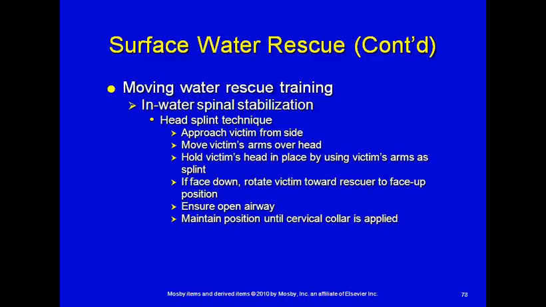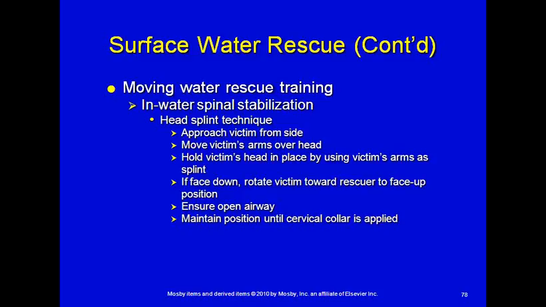As far as splinting or providing spinal stabilization while the patient is in the water, you want to approach the victims from the side, move the victim's arm over their head, hold the victim's head in place, and use the victim's arms as your splint.